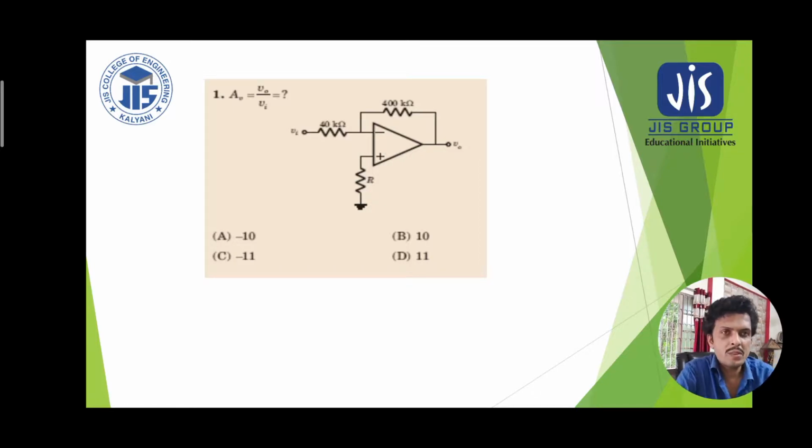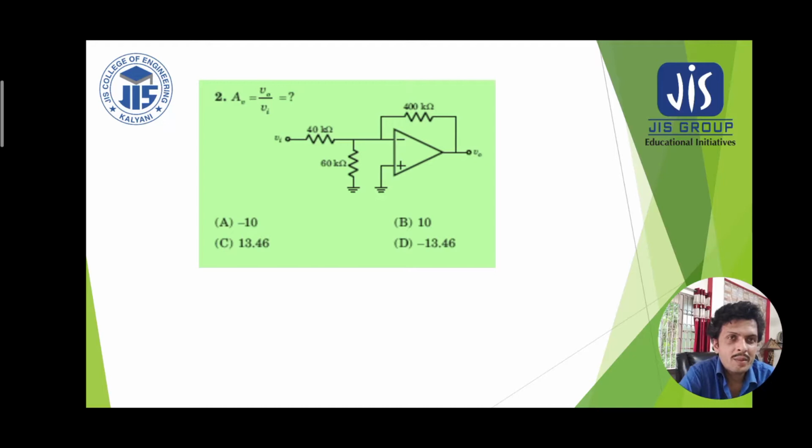So if we solve these two equations, (V0 minus 0) divided by 400 is equal to (Vi minus 0) by 40, with the polarity reversed, because their summation is 0, meaning one current is going to the right hand side and another is on the left hand side, which makes the polarity negative. So negative polarity means either A or C will be the correct answer. Now, since V0 by Vi gives a magnitude of 10, option A is the correct answer.